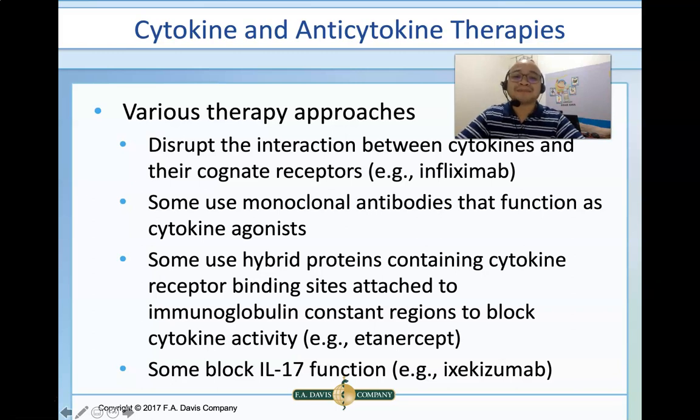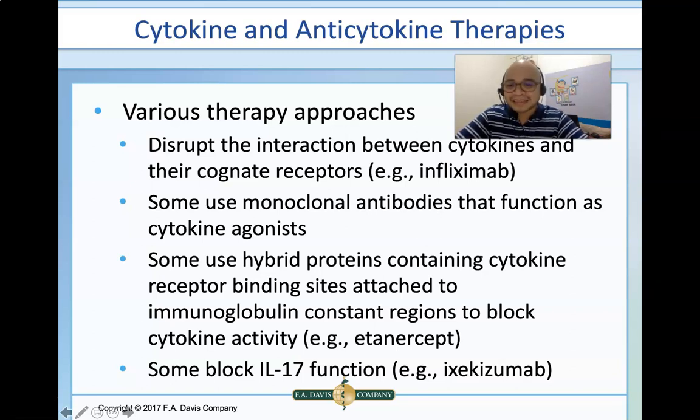Some may utilize hybrid proteins containing cytokine receptor binding sites attached to immunoglobulin constant regions to block cytokine activity, especially if that cytokine is pro-inflammatory and we do not want, again, to have chronic inflammation. That is an example of the action of the drug known as etanercept.